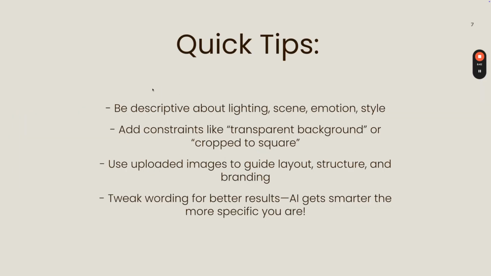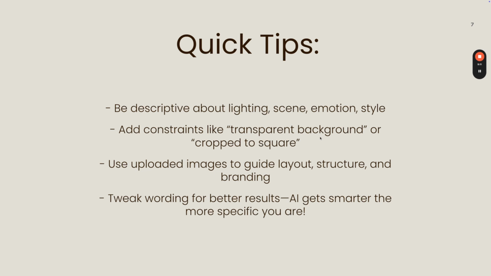Now coming to the quick tips again. Be descriptive about lighting. As I said, the scene, if you want them to be in a coffee shop, if you want them to be somewhere else, if you want your free webinar image to be of a particular style, or of a particular demographic, like a woman in her 50s, the more you tell AI about it, the better the image will get.